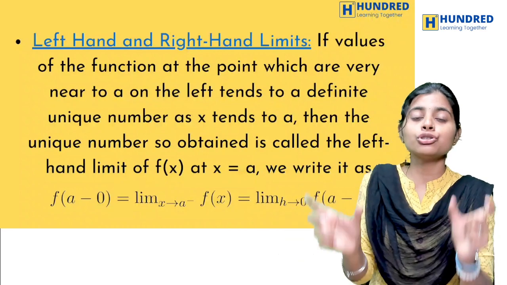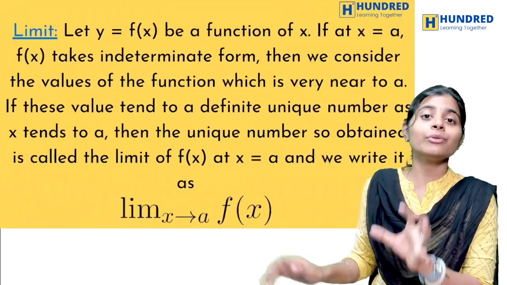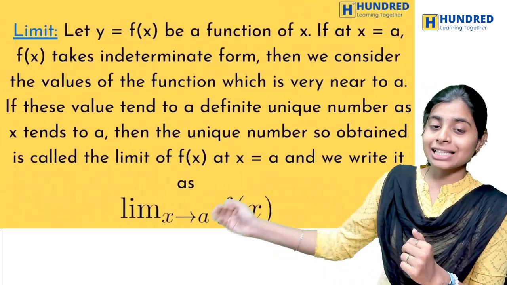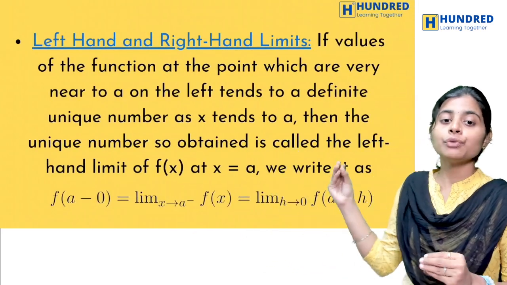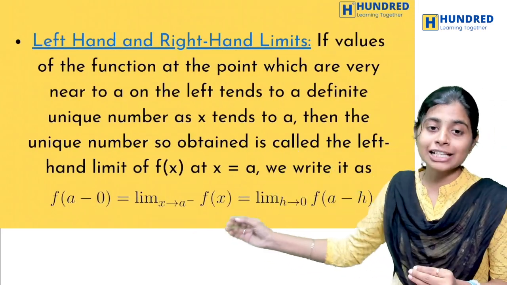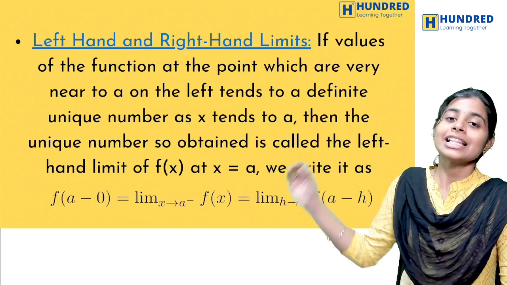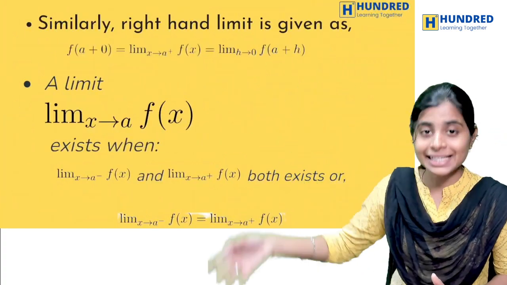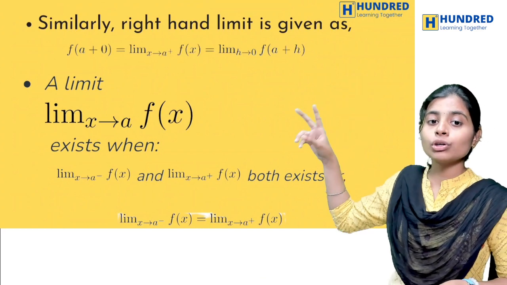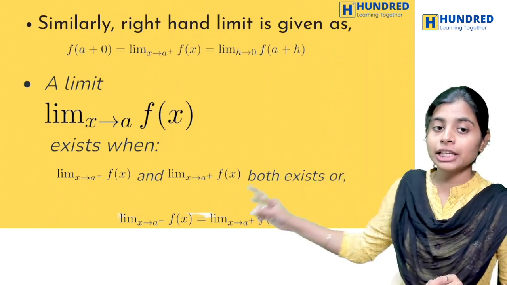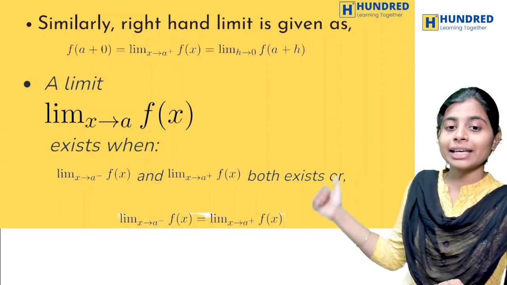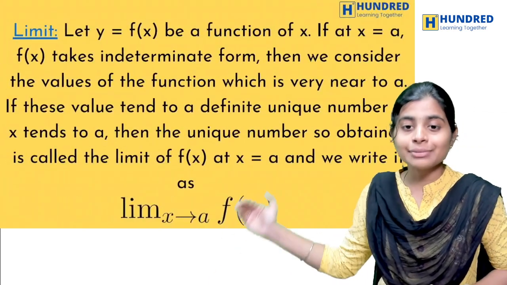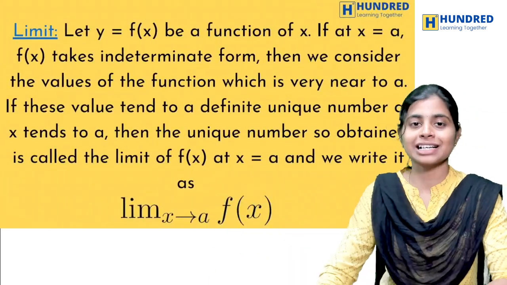These two limits should be equal, then only we can write limit x tends to a. For left hand limit we write limit x tends to a minus f of x, and this should be equal to limit x tends to a plus, that is the right hand limit. If both limits exist and are equal, then we can write limit x tends to a f of x.